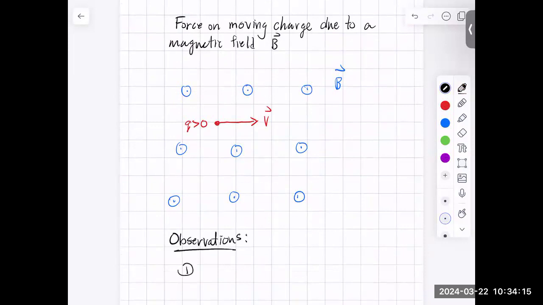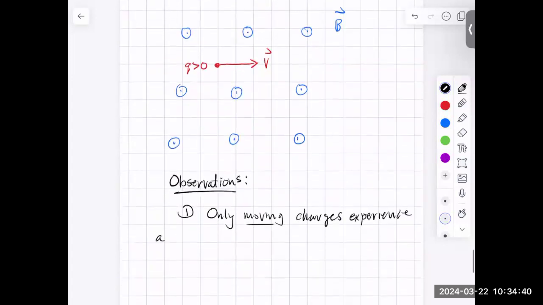So the first observation would be that if the velocity of the charge was 0, so it's just sitting there stationary, there would be no force at all. So only moving charges experience a force in a magnetic field.